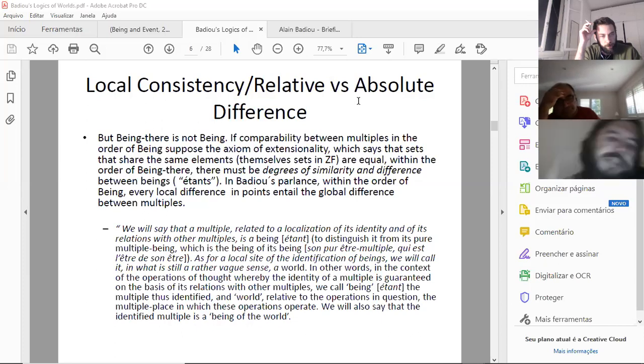Yeah, this is actually, I was saving this kind of question for later, but this is one thing that interests me. I mean, the passage from what he inherits from his ontology, and that gets to be reaffirmed in Logics of Worlds, and what is separate from that.